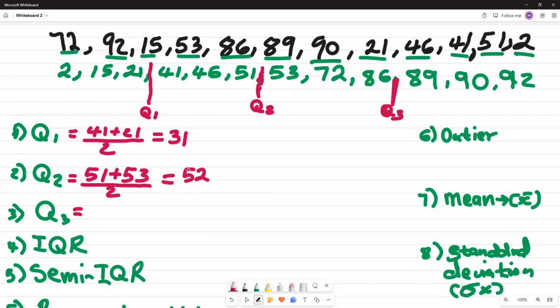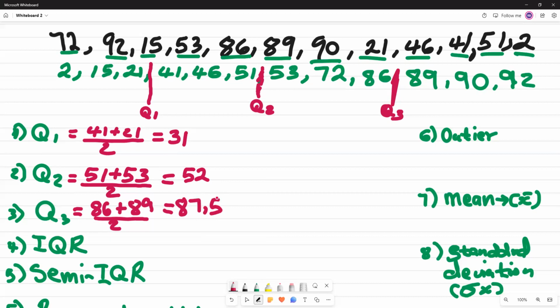Then Q3 is between 86 and 89, all over 2, because it's here. So 86 plus 89 over 2 gives us 87.5. I'm sure you see how easy it is to do the quartiles.